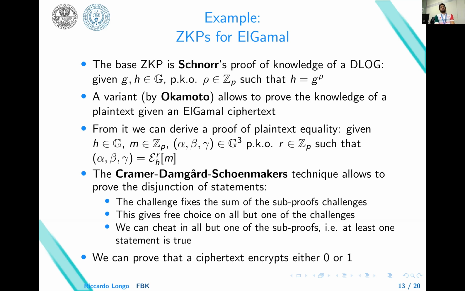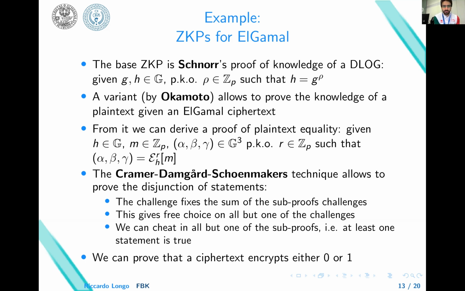That is, we have a plaintext M and a ciphertext that is the triple A, alpha, beta, and gamma, and we want to prove the knowledge of the randomness that we used to compute this triple as the encryption of M for the public key H. That is, the public key is known, the plaintext is known, the ciphertext is known. We want to prove that indeed that ciphertext is the encryption of that message.